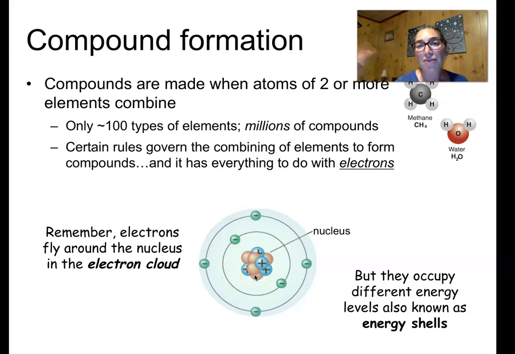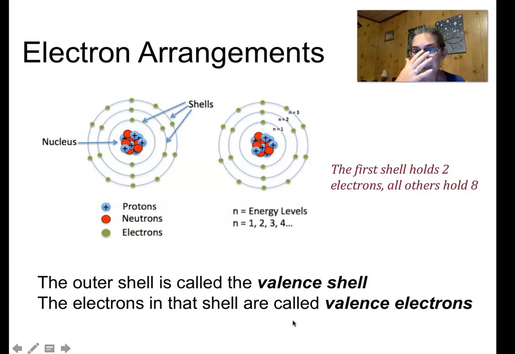And these different levels that the electrons reside in are called energy levels or energy shells. And there are certain rules that govern how many electrons live in each of these shells.